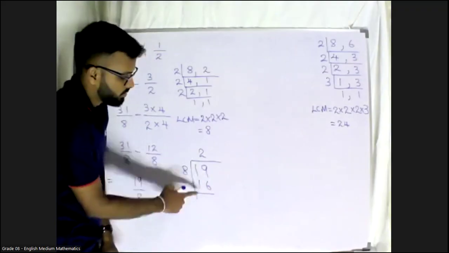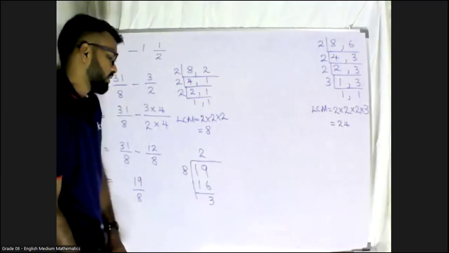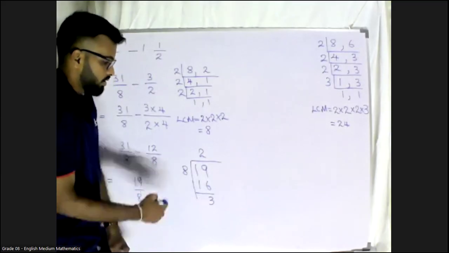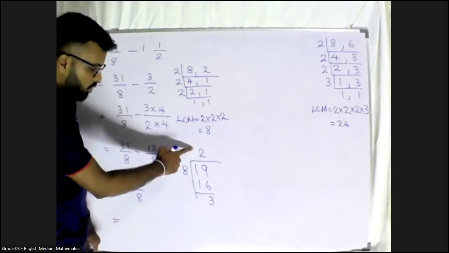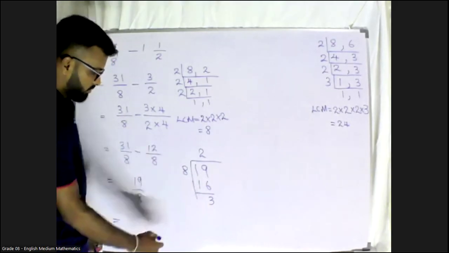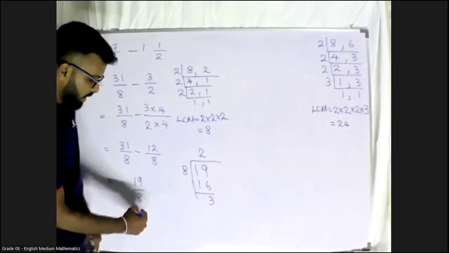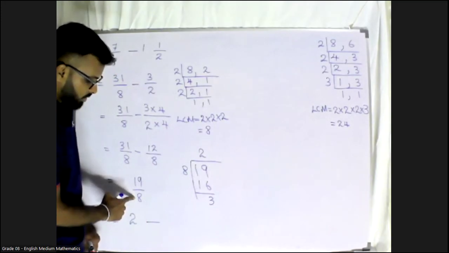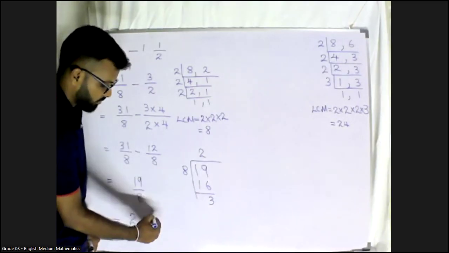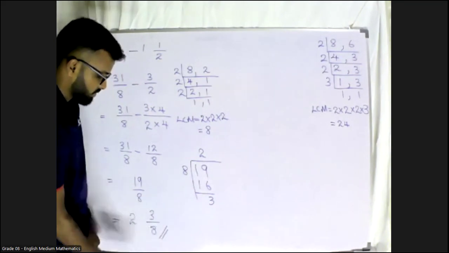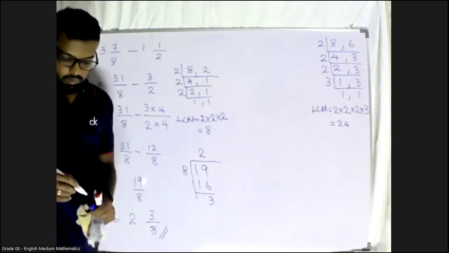Now get the subtraction. 19 minus 16, 3. This is the quotient and this is the remainder. The quotient comes as the whole number, the denominator is 8, and the remainder is 3. So this should be your mixed number, right?